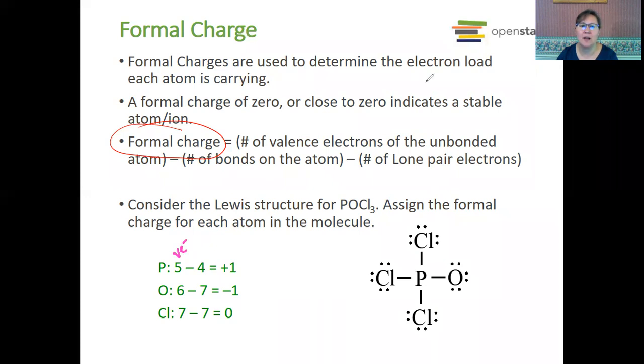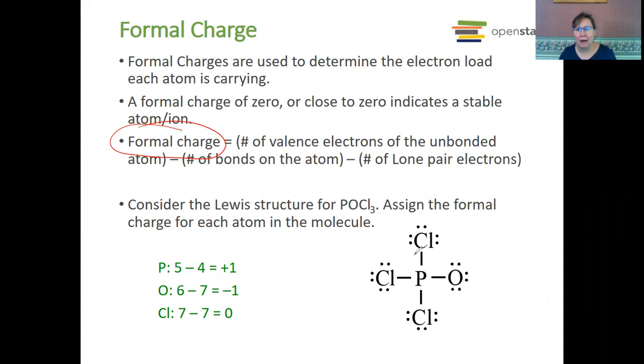So when we're doing these formal charges, we take the number of valence electrons. Okay, let's do this here. So you can see we have 1, 2, 3 chlorines, and each one of these chlorines is chemically equivalent.